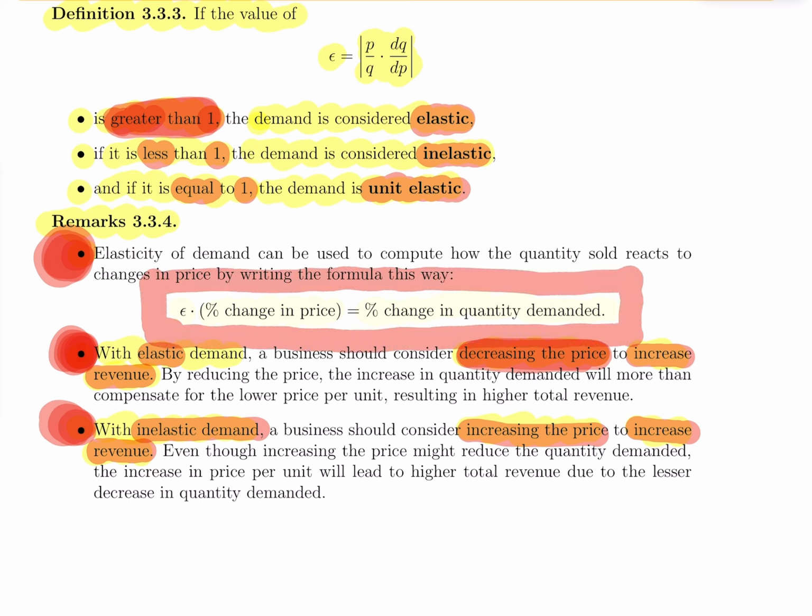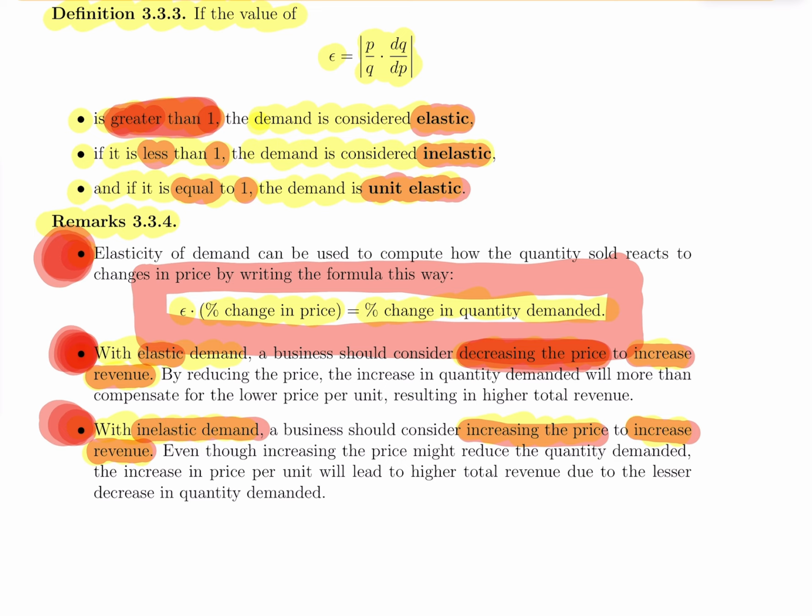If you multiply elasticity by the percentage change of price, so suppose you're thinking about increasing the price by 2, if you multiply that increase by the elasticity, you're going to be computing the percentage change in the quantity demanded. So when you go epsilon times the change of price, you're going to get the change in demand.